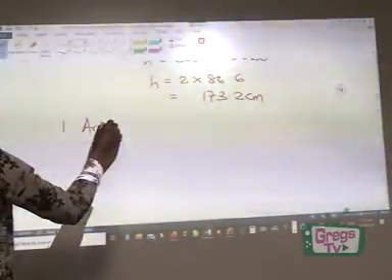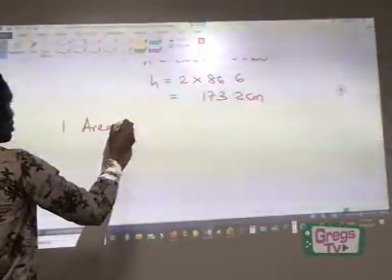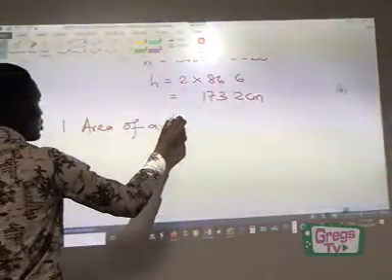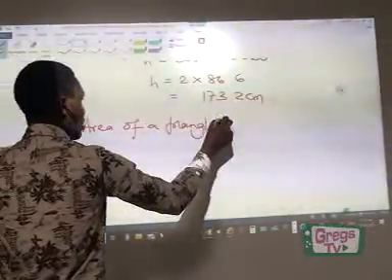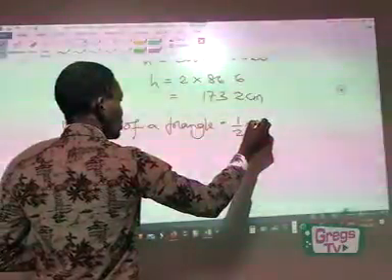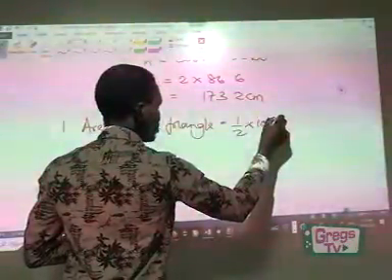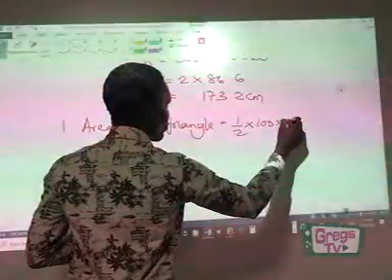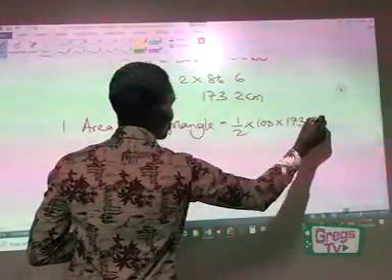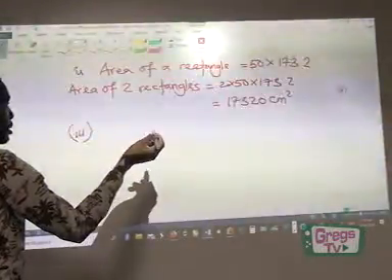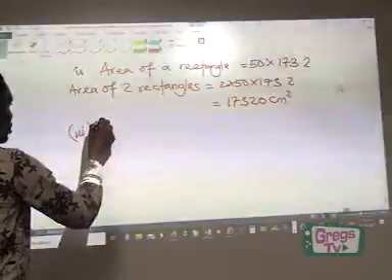The first plan is to calculate the area of what? A triangle. And the area of a triangle is half times base. What's the base? It is x. And what's x? 100, times the height. What's the height? 173.2. Let's call it a special figure.